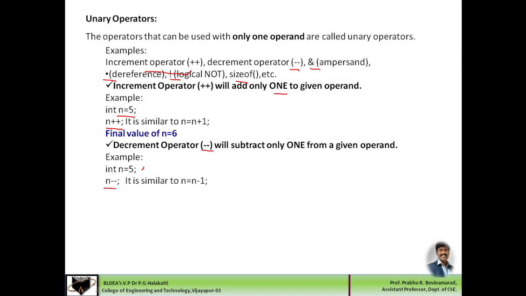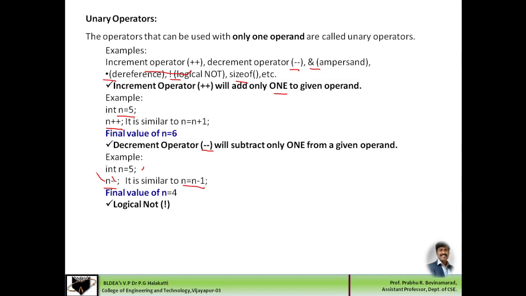When we apply this operator on n, it becomes n = n - 1, and the final value of n is 4. Here, if you look, these two operators are taking only one operand. n is the only operand. So on only one operand, the operation is being performed. Such operators are called unary operators.